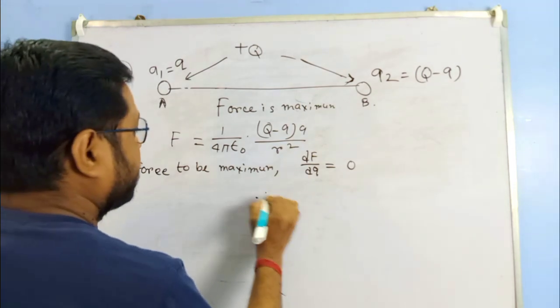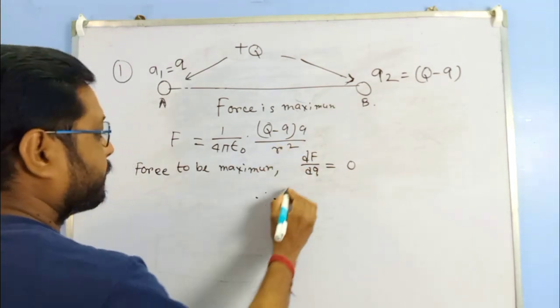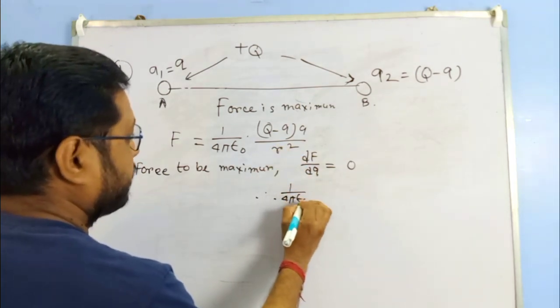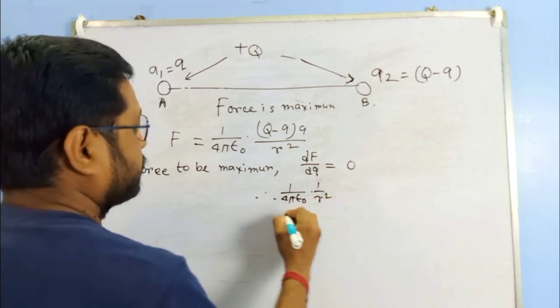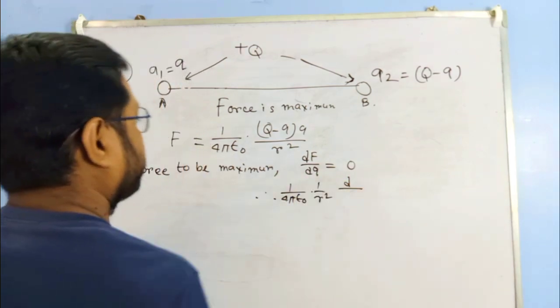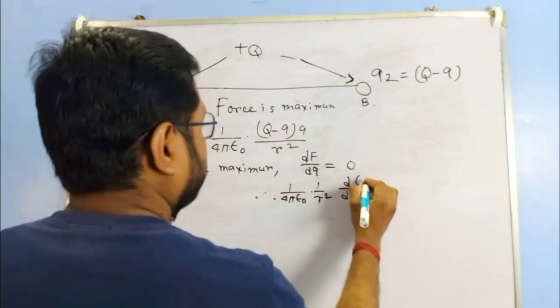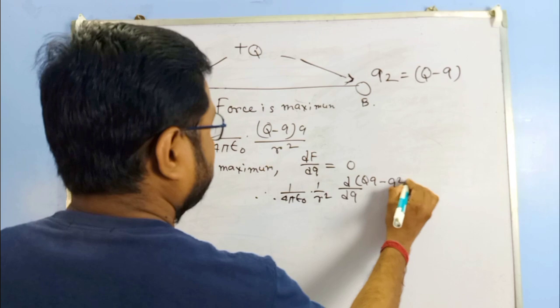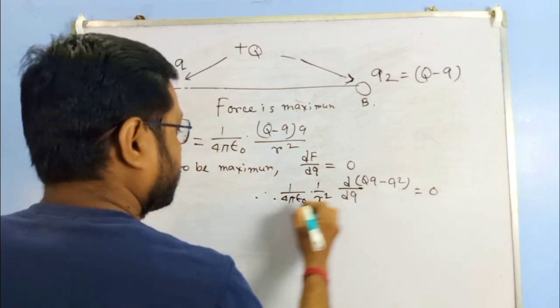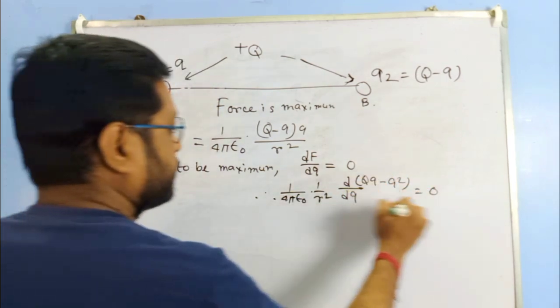If I differentiate equation 1 with respect to q, then 1 by 4 pi epsilon naught into 1 by r square is a constant term, so it will be outside the derivative, then d/dq of q times (Q minus q) is equal to 0. As the constant term is not 0, this term is 0.